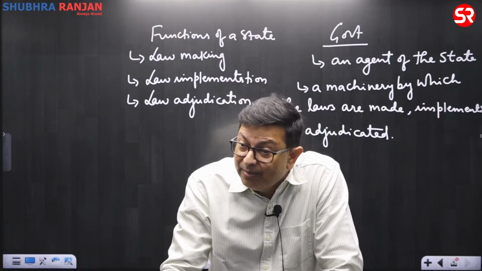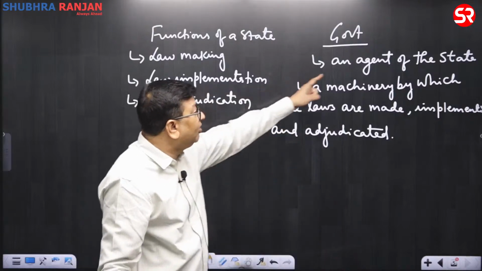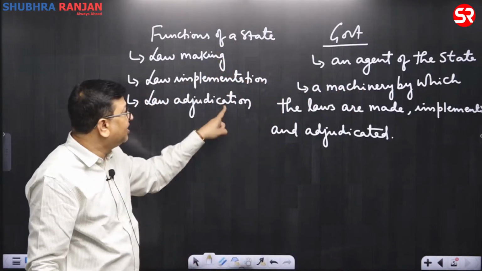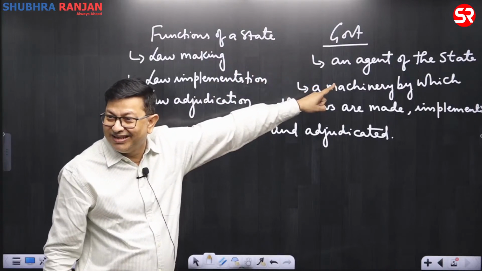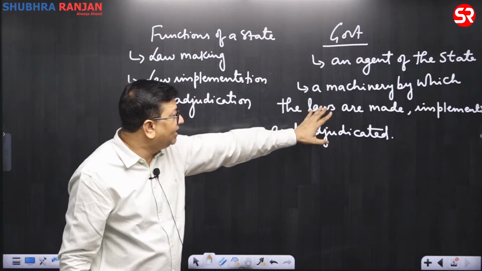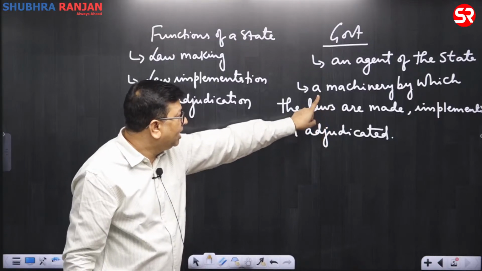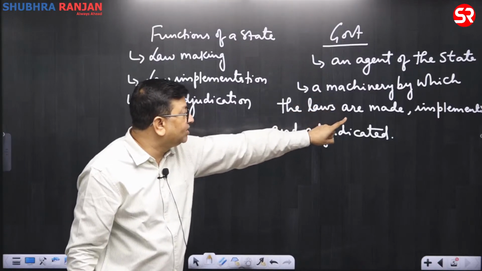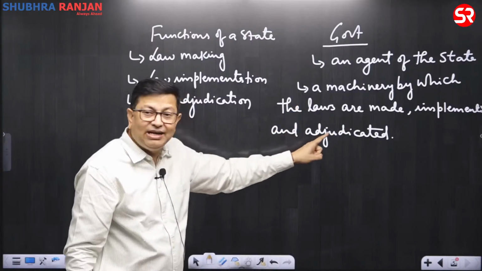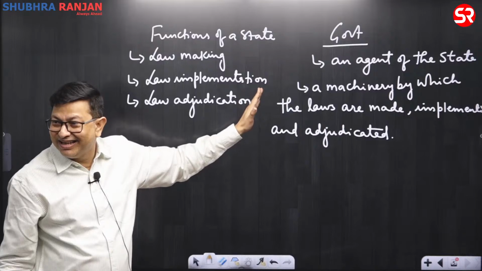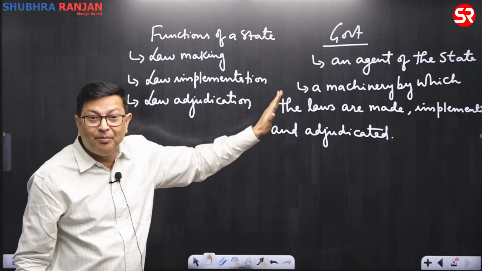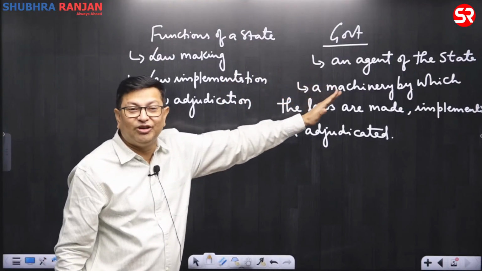But basically, it is an agent of the state, and these functions are performed by the government. And that is what we have written here more descriptively. It is a machinery by which the laws are made, implemented and adjudicated. And these three functions are performed by three different organs of the government.